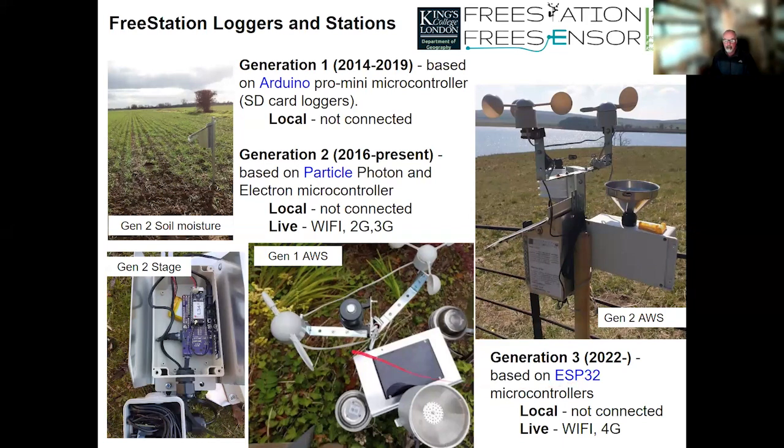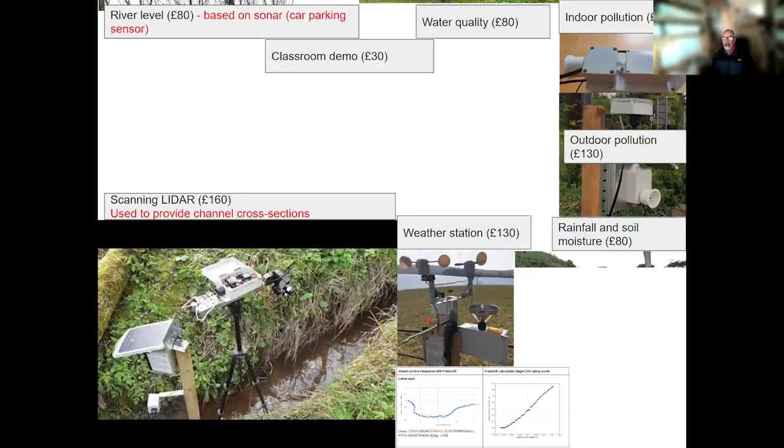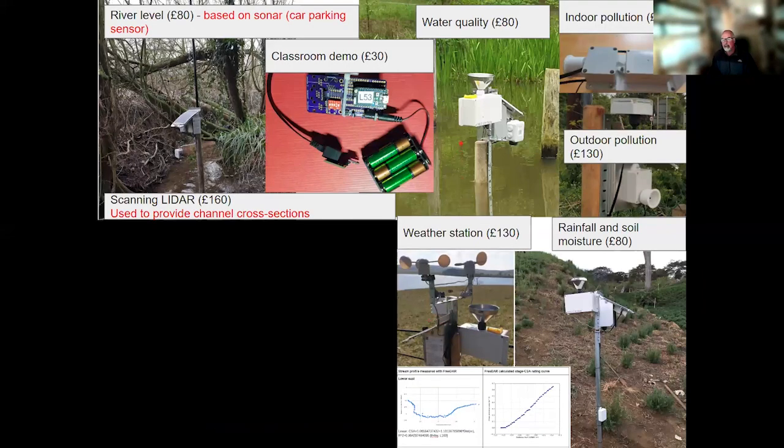And you can see some examples here of different kinds of stations. The soil moisture station here, we have a sonar that is detecting the river stage, and then we've got a couple of weather stations. And here's a bunch more stuff that we've built.